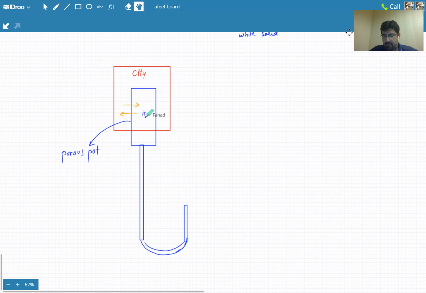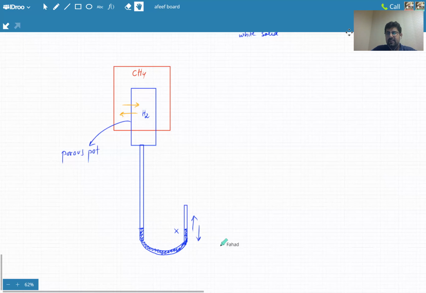And the question is, there is liquid present in this tube over here, and you're being asked what's going to happen to this liquid. Would the water level rise at point X, or would the level at this point fall?